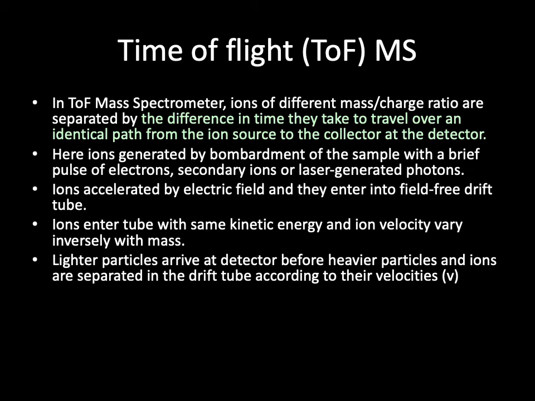The ions are accelerated by the electric field and enter this field-free drift tube. The ions enter the tube with the same kinetic energy and ion velocity, which will vary inversely according to mass. So the lighter particles will arrive at the detector before the heavy particles, and the ions are separated in the drift tube according to their velocities.